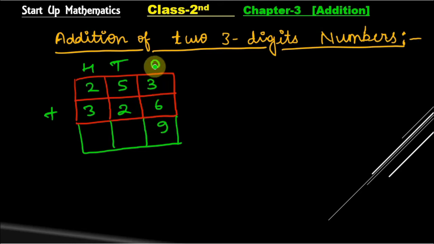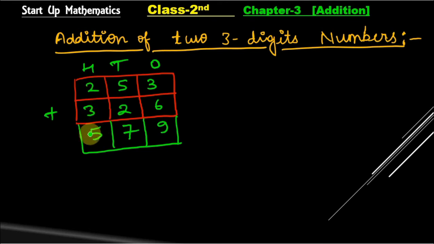Now we move to the tens place. In the tens place we get 5 and 2. So 5 plus 2 is equal to 7. Now, last, we come to the hundreds place. 2 and 3 are in the hundreds place. So 2 plus 3 is equal to 5.